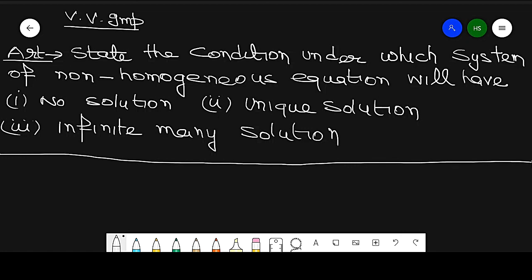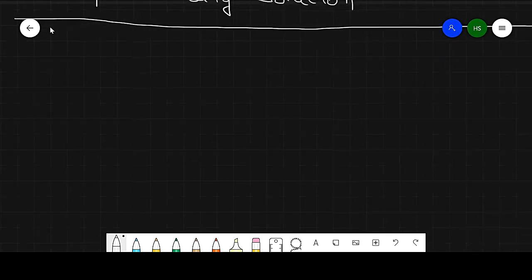Also remember the statement of this theorem, so that it will be applicable to the questions.